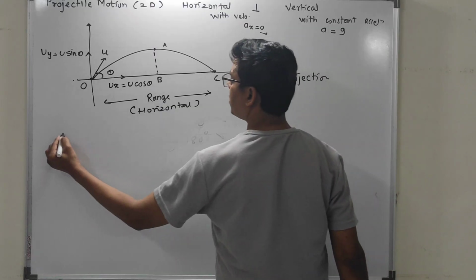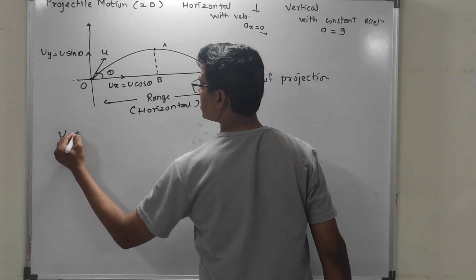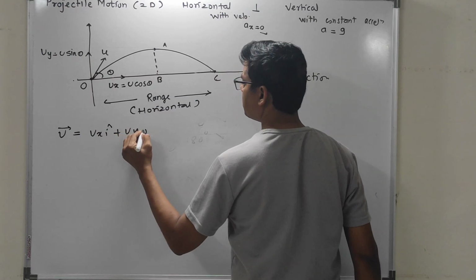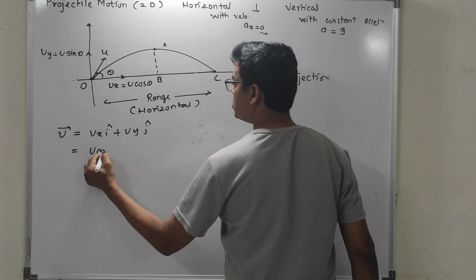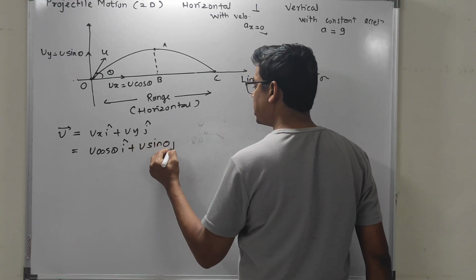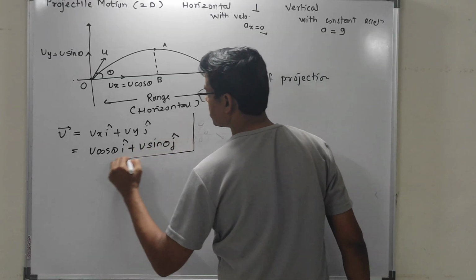So in vector format we can write the initial velocity of projection as U bar is equal to Ux i cap plus Uy j cap. So substituting values, U cos theta i cap plus U sin theta j cap. This is the initial velocity of projection.